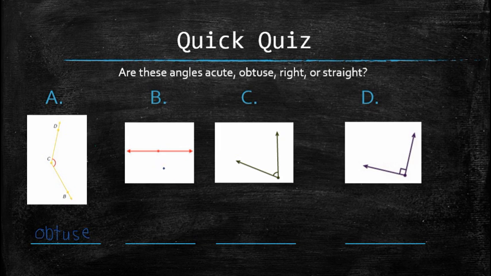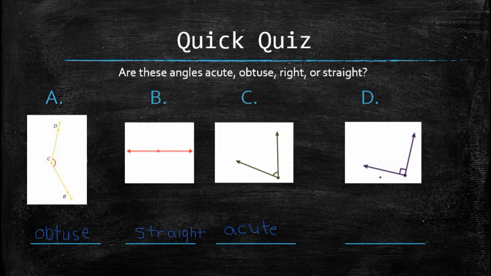Here we have what looks to me like a straight line. So I would most certainly say that that was a straight angle. Here we have an angle that looks definitely like it's less than 90 degrees. So it's really an acute angle, right?